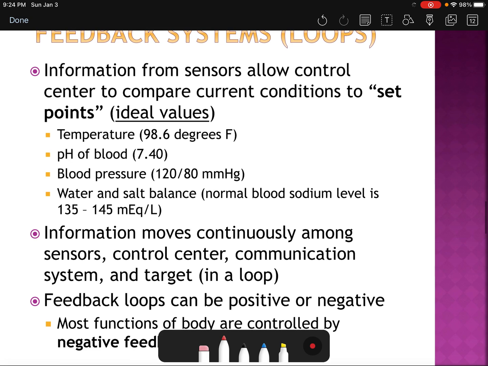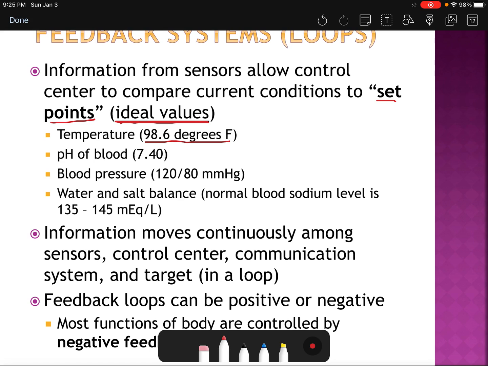Now, information from sensors allows the control center to compare current conditions to the set points. A set point is the ideal value for that particular variable. If we were talking about our temperature, for example, the set point would be 98.6 degrees Fahrenheit, because that's our normal body temperature, right?